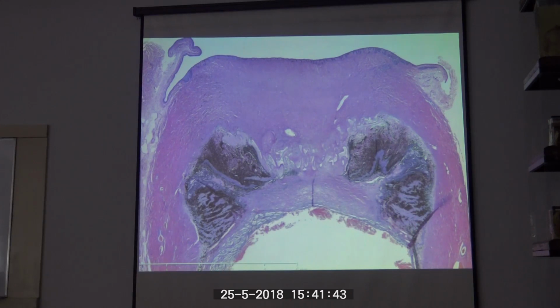And even if you were not to recognize that the eye is shrunken, if you notice the Descemet's and how it is folded here, that gives you an idea of how small this eye is in terms of how large it was originally.